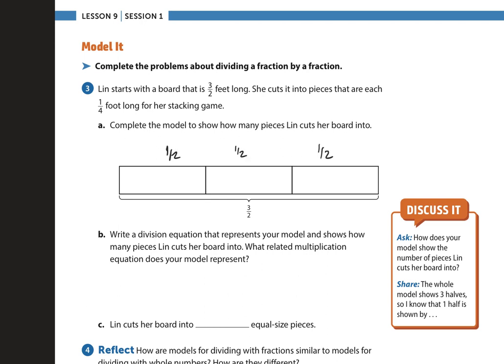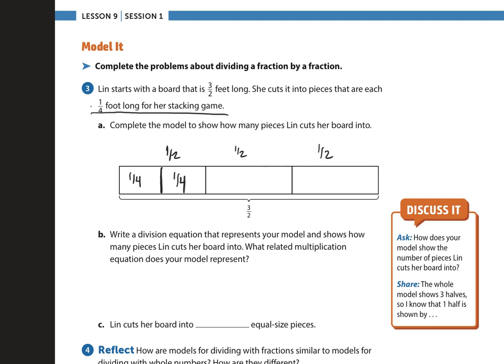All right, so the first thing I have done is I have labeled above each of the boards that Lynn has, or the sections, the 1/2s, to show 3/2. Now, our problem says that she cuts it into pieces that are each 1/4 of a foot long for her stacking game. So we're going to divide each of the halves into fourths.